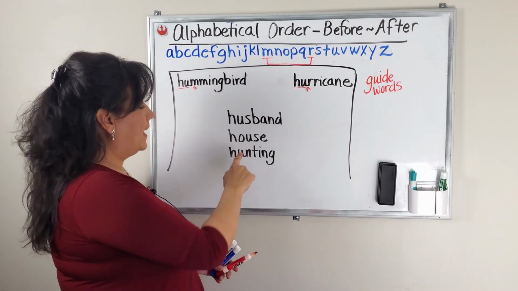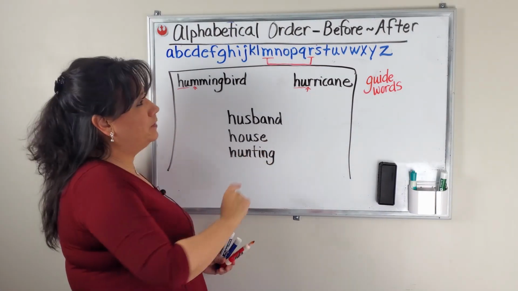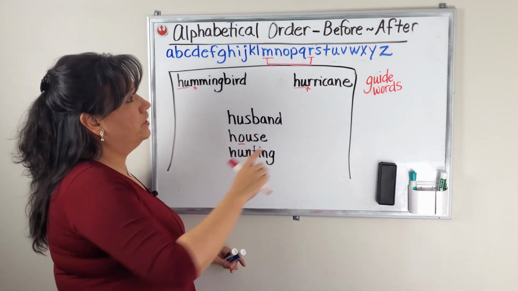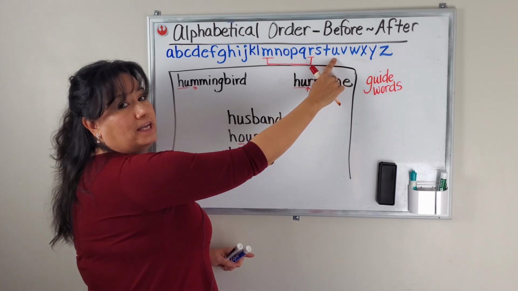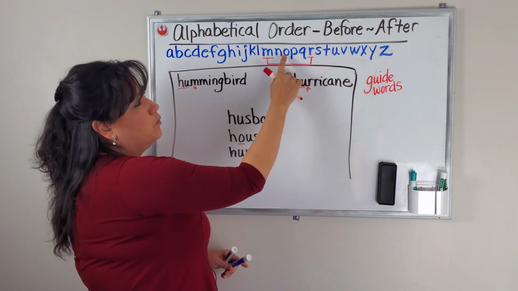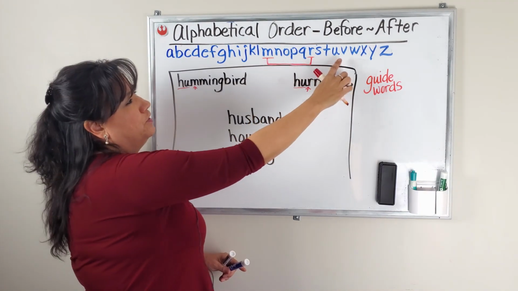When we look at the word house, we will see the difference in the second letter. While we find all of the H-U words, the second letter here, we find the O way before the U words.